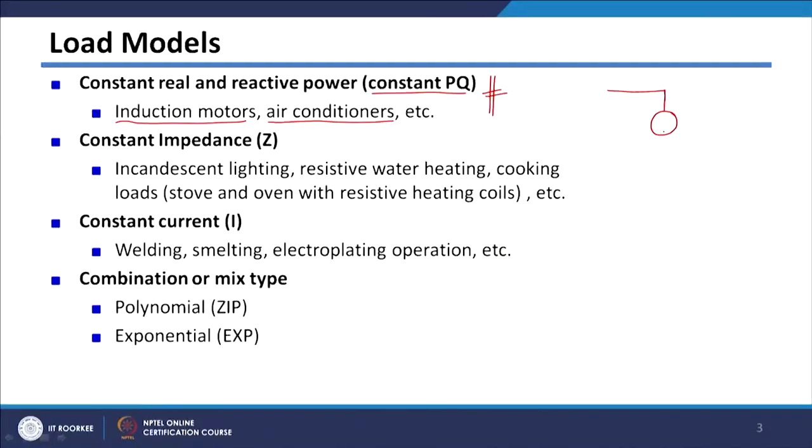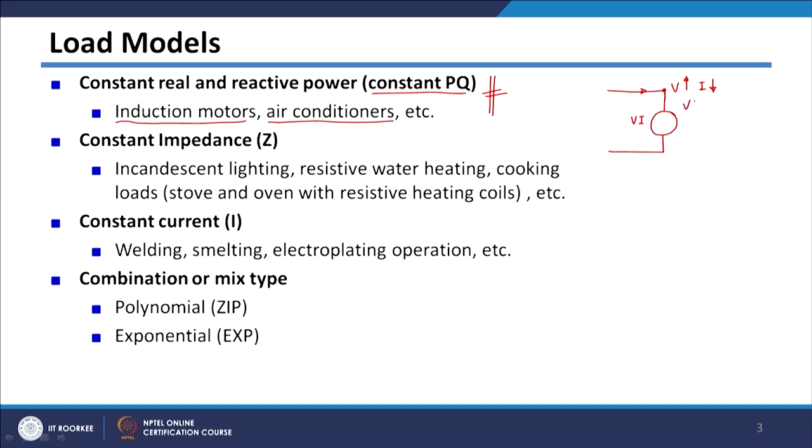So, in this case we can see that if there is an induction motor kind of load connected at the end, and if the voltage at this end increases, what will happen? This load will try to keep its power constant. So, when voltage is increasing, your current through the network will go down to keep the PQ of this load constant.